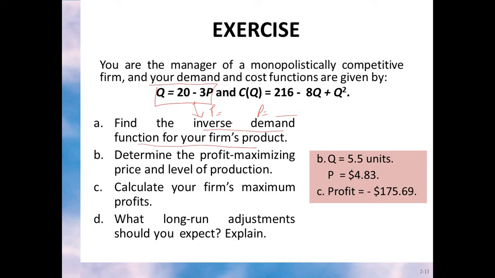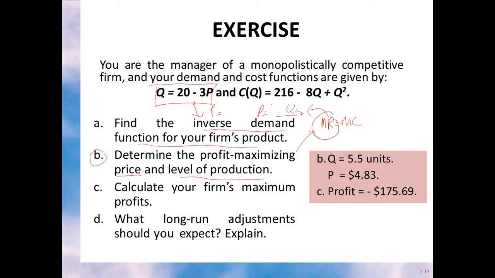After you find the inverse demand function, then you can go to B, determine the profit maximizing price and level of production. So you have to find the Q first, right? Then only P, because in P later you have the Q in the equation. So how to get the Q? This is where we use the rule MR equal to MC. So how do you get MR?